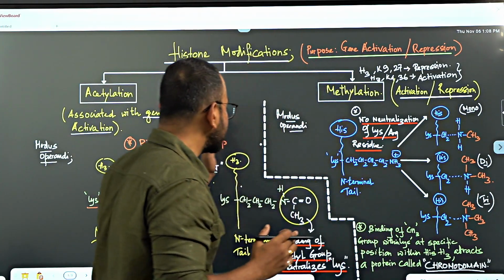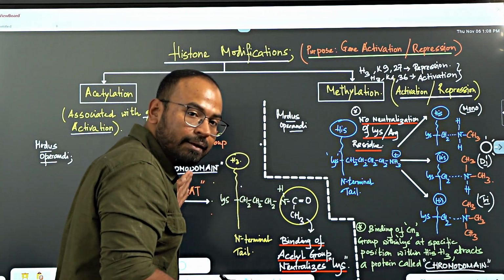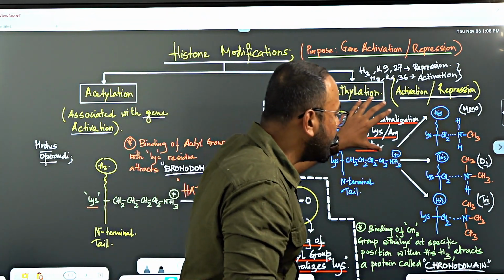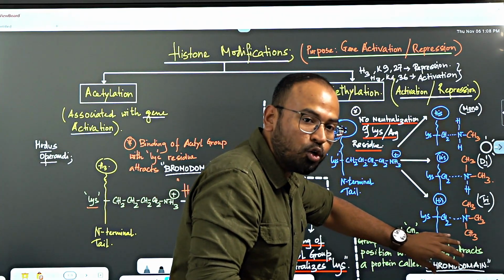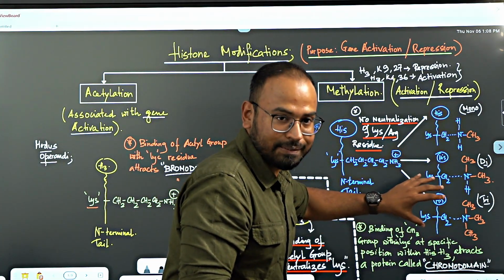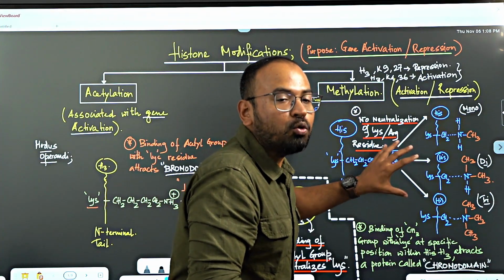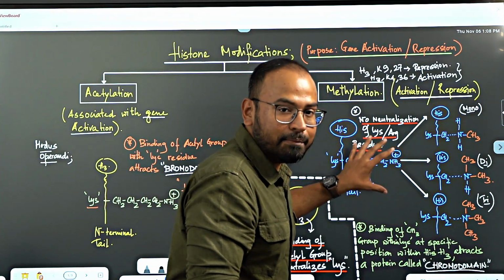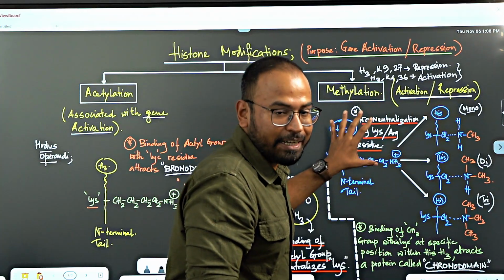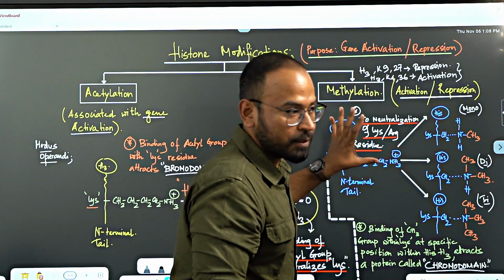So when it comes to acetylation, there lies a chromodomain at the acetylated site, and when it comes to methylation, there lies our chromodomain that binds to our methylated regions. This chromodomain binding will determine what kind of activity will be performed, whether activation or repression.